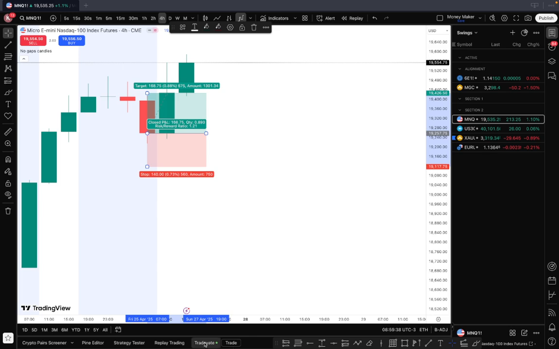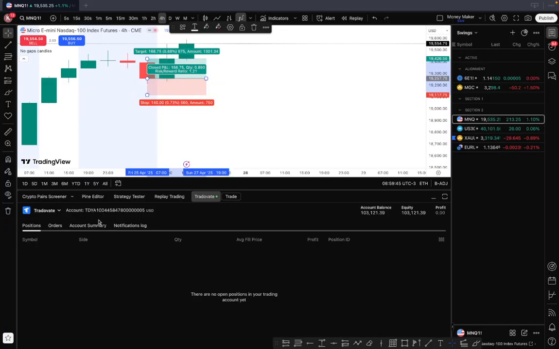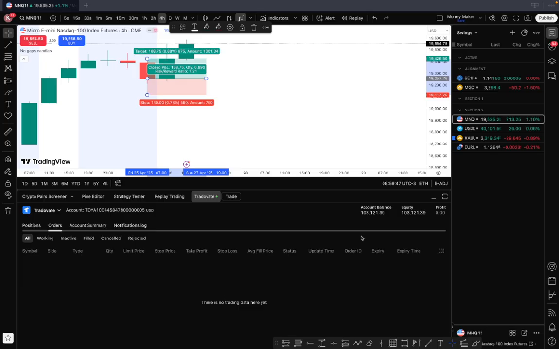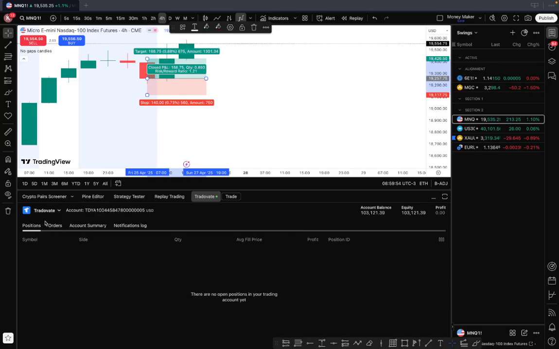This is legit how I've been trading on these accounts. If I go to my Tradovate account, my NQ is connected and I can show you guys my orders. The account balance has gained 3,000. I'm trying to see my positions.